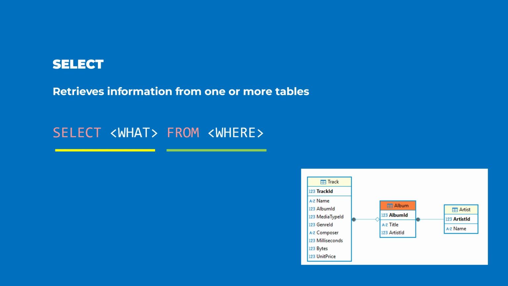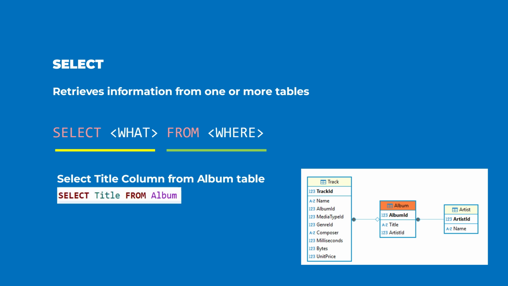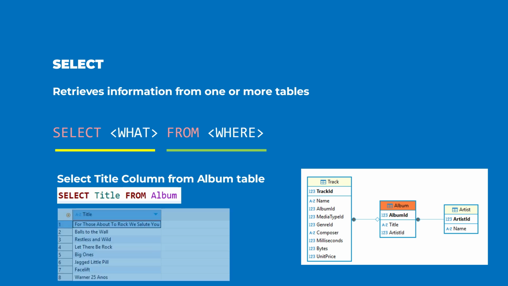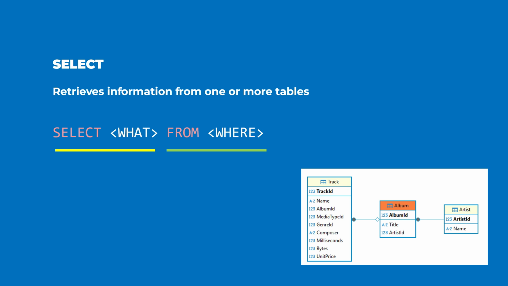Now, if we are only interested in selecting a single column from the table, for example, if we want to select the title column from the album table, we can write the expression select title from album, and that will only retrieve all the row entries for the title column. Now we can select more than one column from the table.